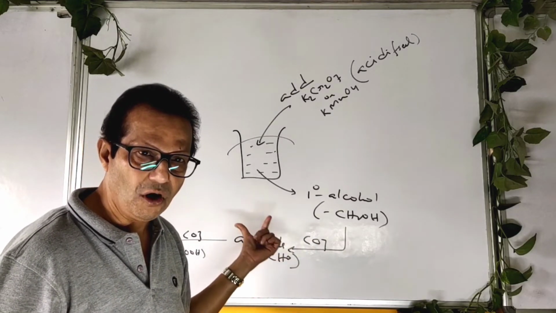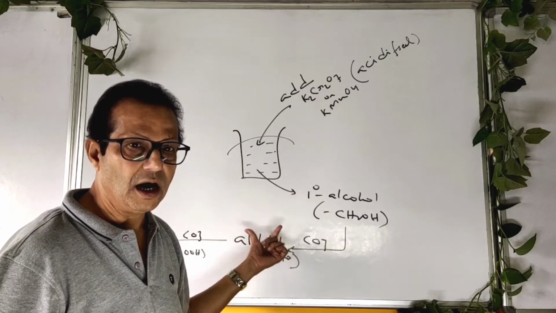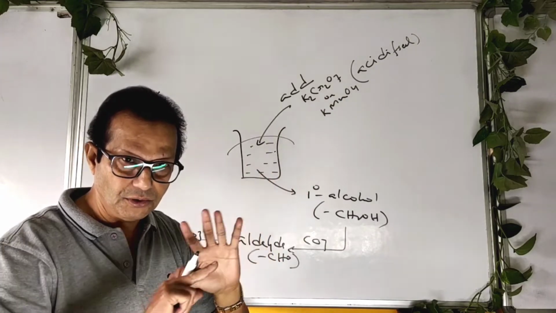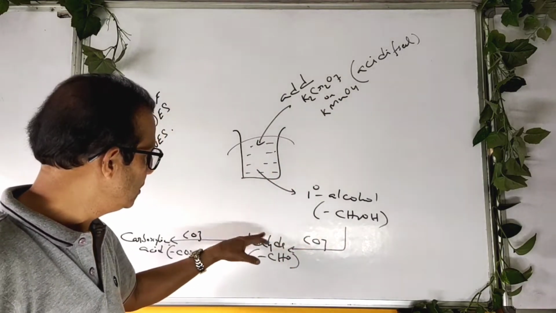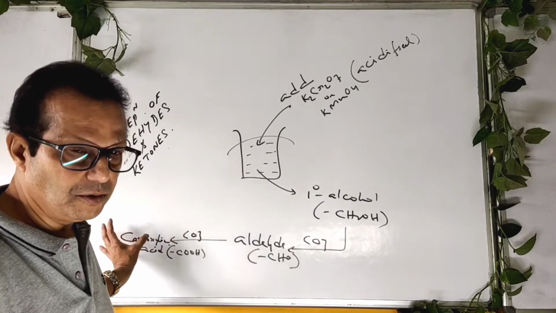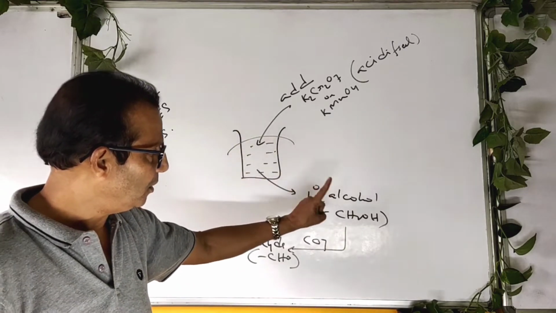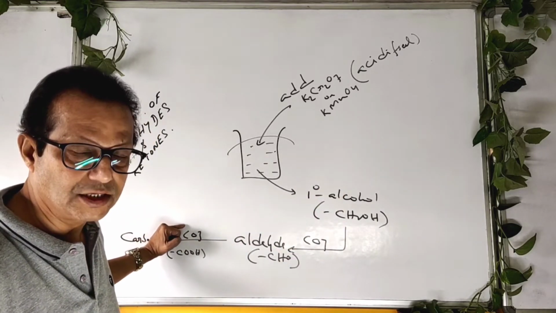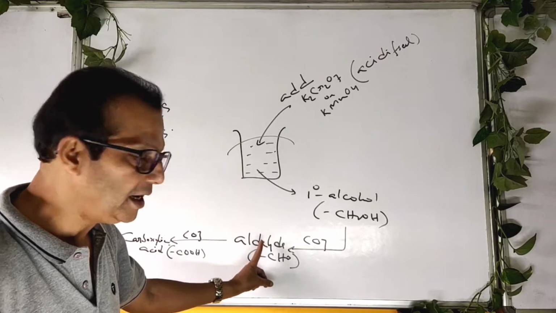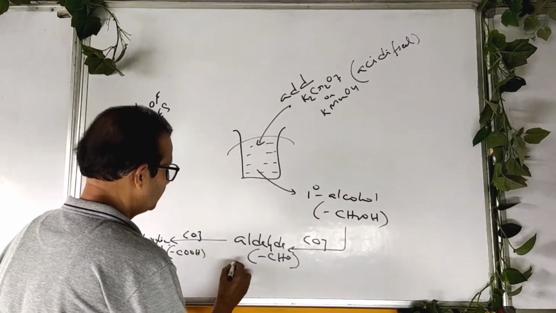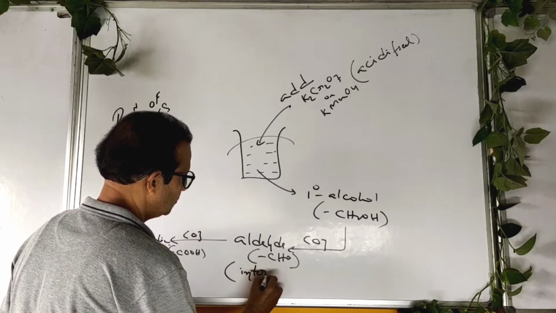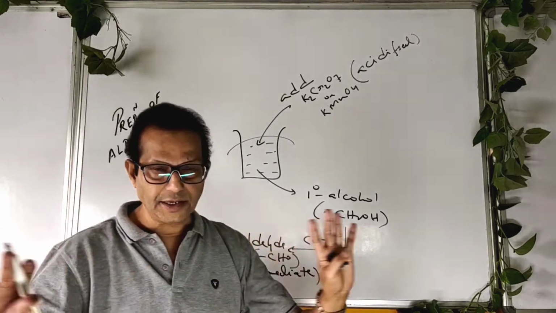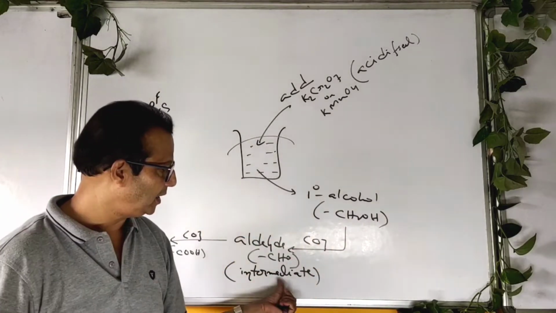The aldehyde so formed further undergoes oxidation. Under the reacting conditions, you need not add anything; it readily changes into carboxylic acid. So primary alcohol will directly change into carboxylic acid, though you know that aldehyde is an intermediate. The aldehyde you can't get.